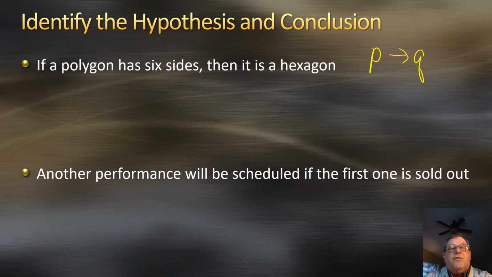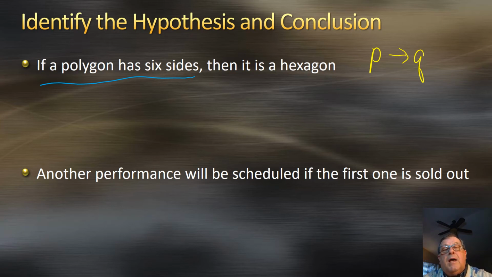So let's look at this first sentence that we've got here. If a polygon has 6 sides, then it is a hexagon. Well, let's see. I see the word if: a polygon has 6 sides. So I'm going to say that this is the hypothesis.